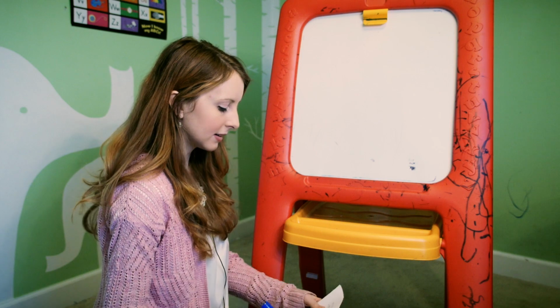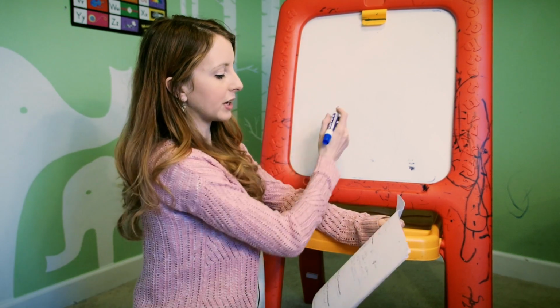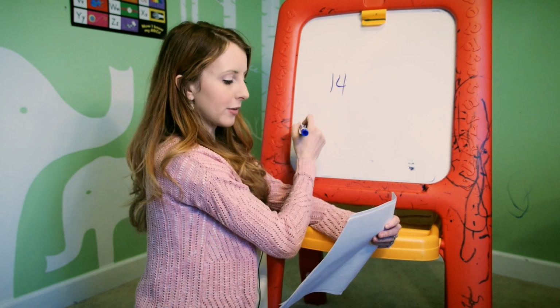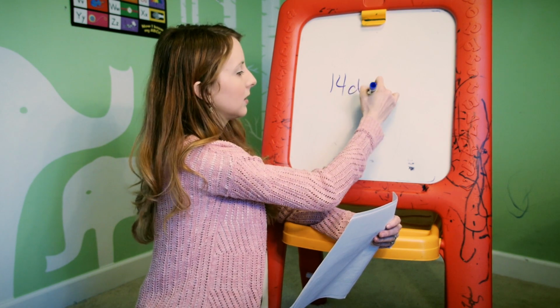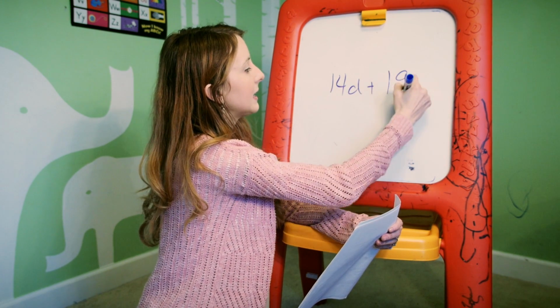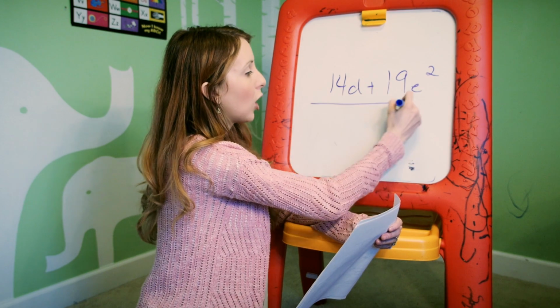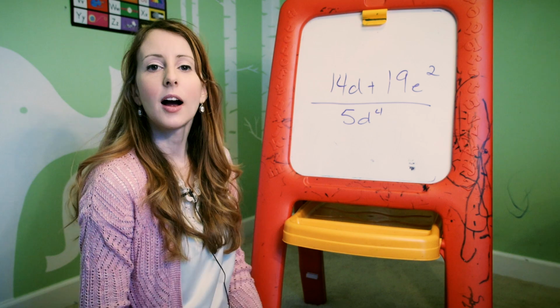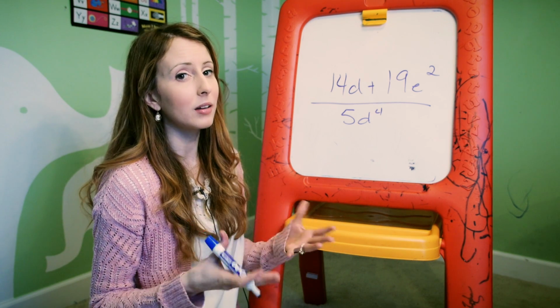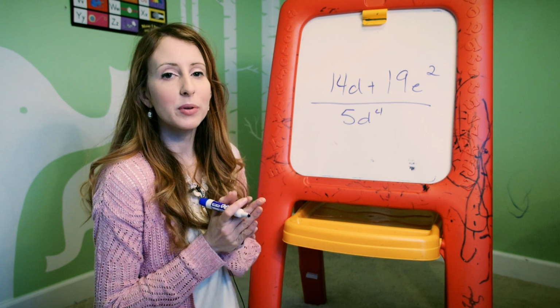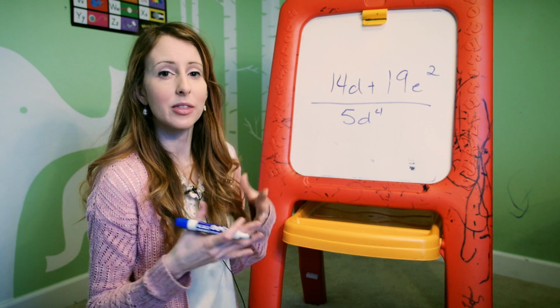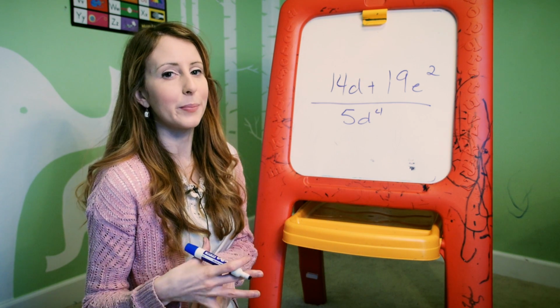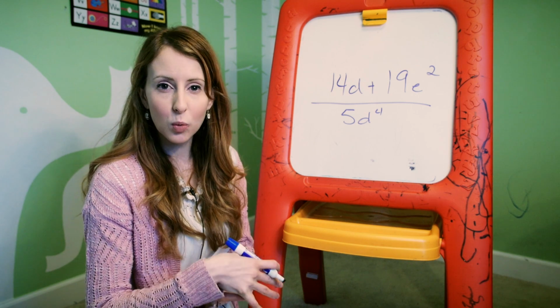Okay, C. Here's a little bit of a tricky one because we have 14d plus 19e squared over 5d to the 4th. We're discussing specifically polynomials. And remember, with polynomials, we are allowed to take the product of different numbers and variables, but not the quotient.